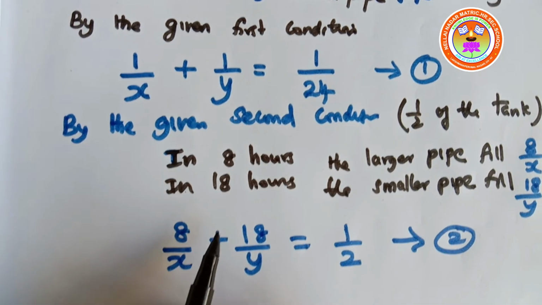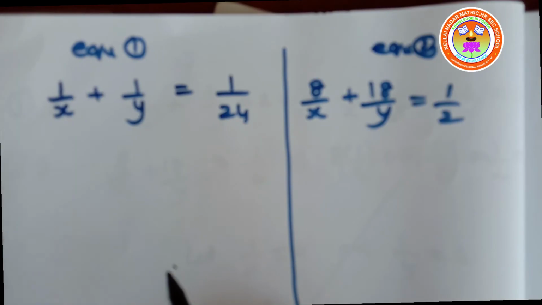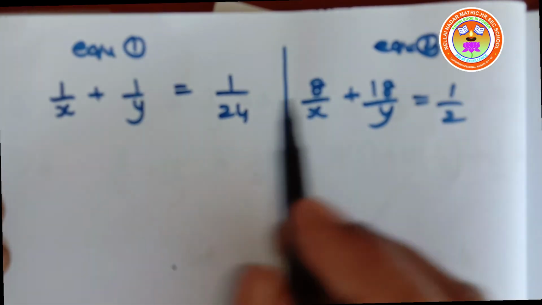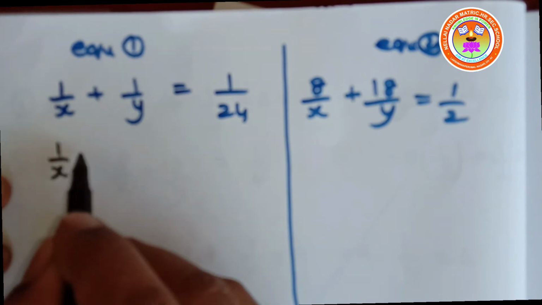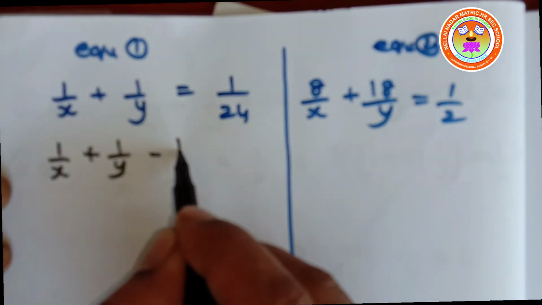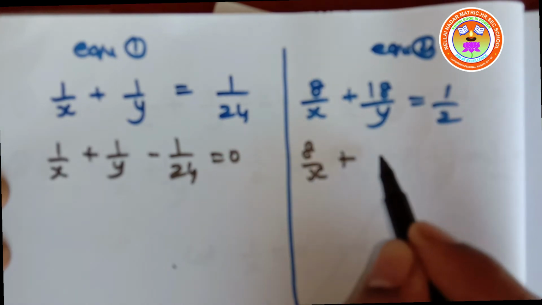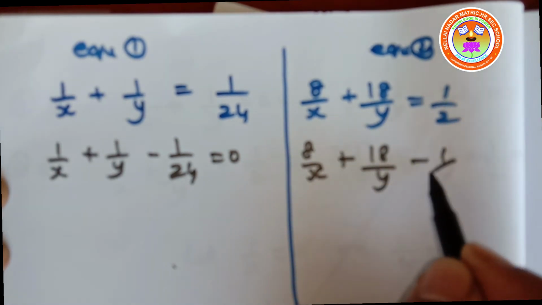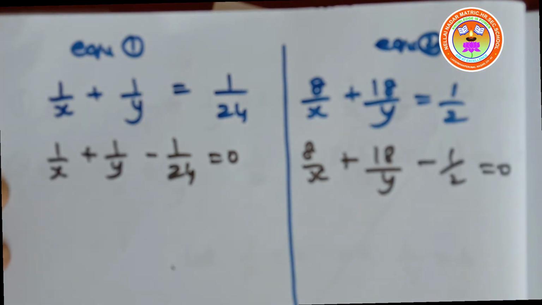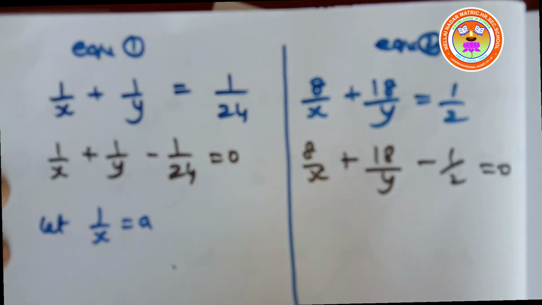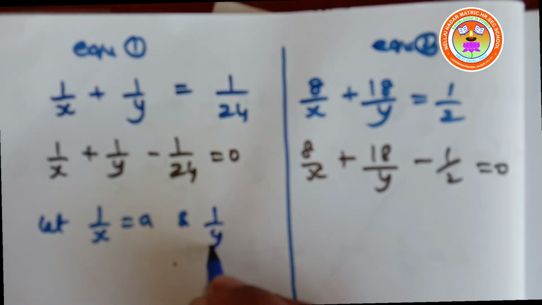It's clear, children? Now from equation 1, 1 by x plus 1 by y equal to 1 by 24. That can be written as 1 by x plus 1 by y minus 1 by 24 equal to 0. And 8 by x plus 18 by y minus 1 by 2 equal to 0. Let 1 by x equal to a and 1 by y equal to b.